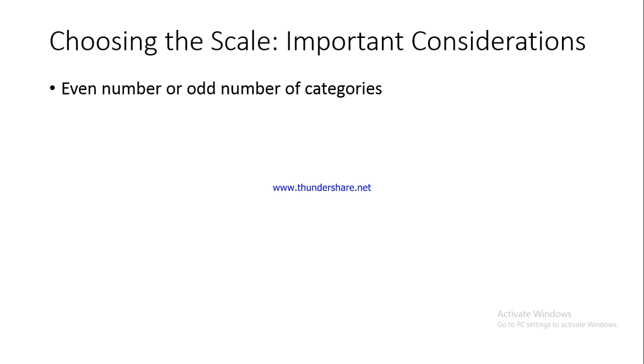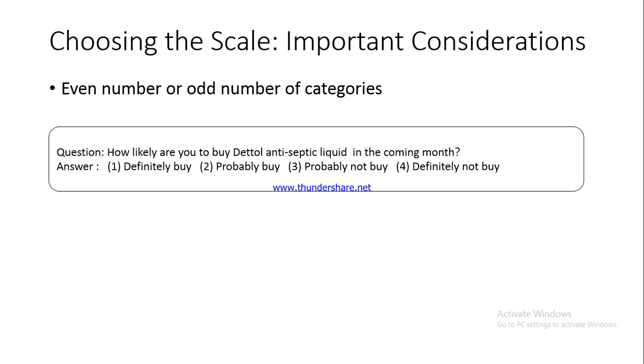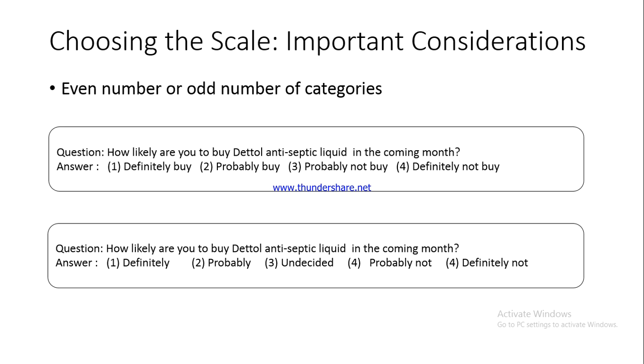Now the other decision that you have to make is whether to use an even number of response categories or an odd number of categories. Have a look at the response categories. There are 4 response categories, an even number. In the next example there are 5 response categories.